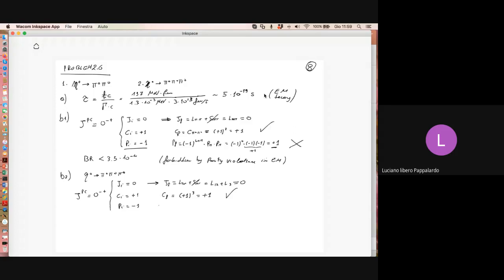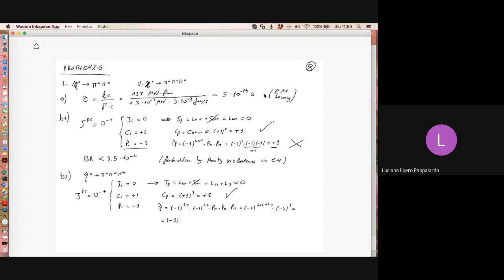What about parity now? PF is equal to (-1)^L12 times (-1)^L3 times the intrinsic parities of the 3 pions. That is (-1)^(L12 plus L3) times (-1) to the third, which provides an additional minus sign.